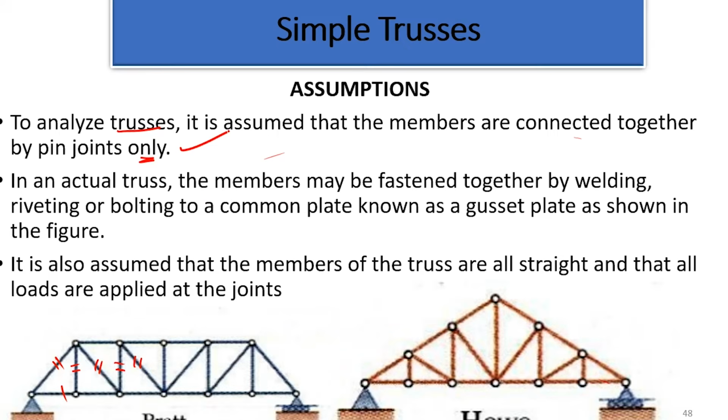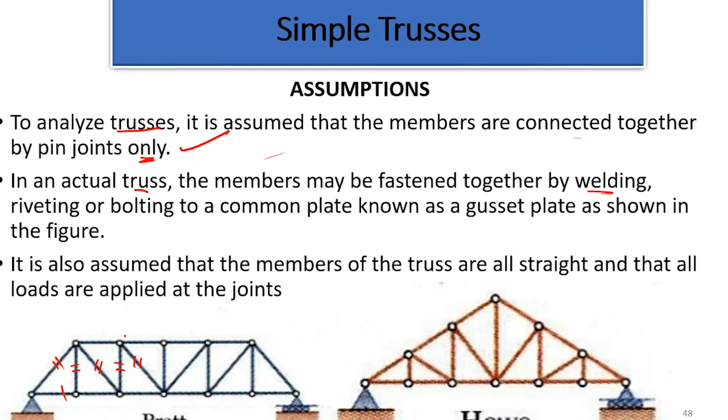Okay, established. But in an actual truss, the members may be fastened together by what? Welding, riveting, or bolting to a common plate known as a gusset plate as shown in the figure. So in reality, it is not always a pin joint.